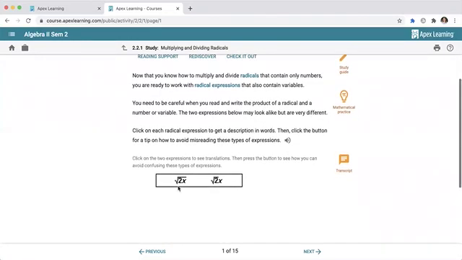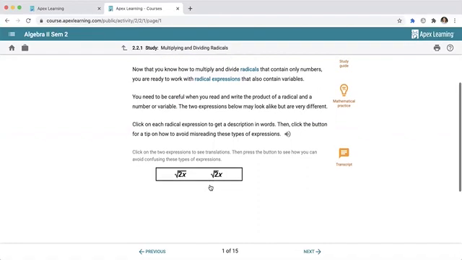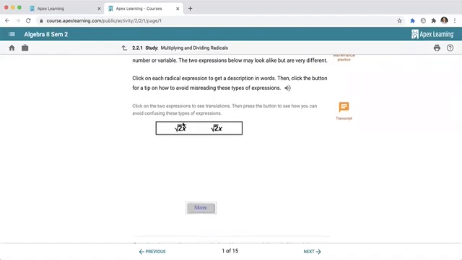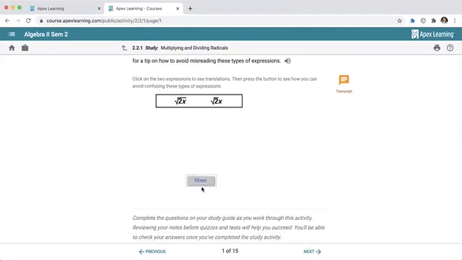If I have the square root of 2x and the square root of 2 times x, be careful that x doesn't look like it's under the radical symbol. You can't confuse these: that's the square root of 2x and then the square root of 2 times x.